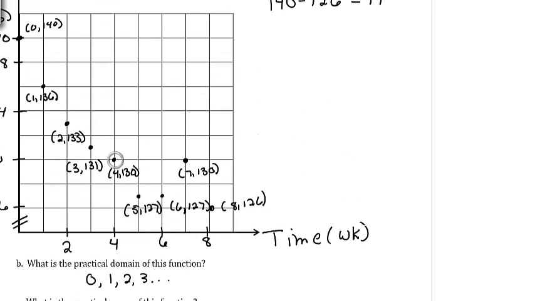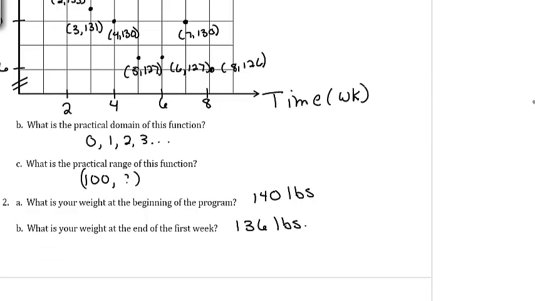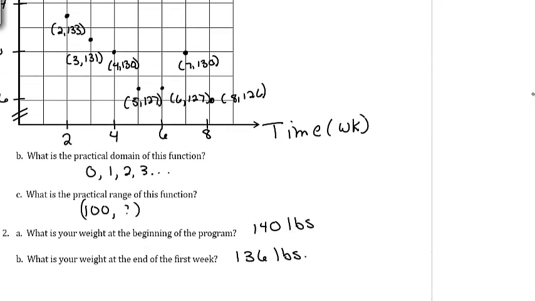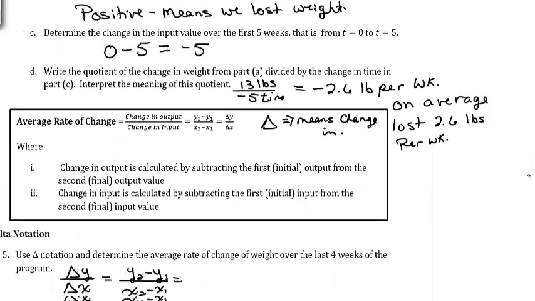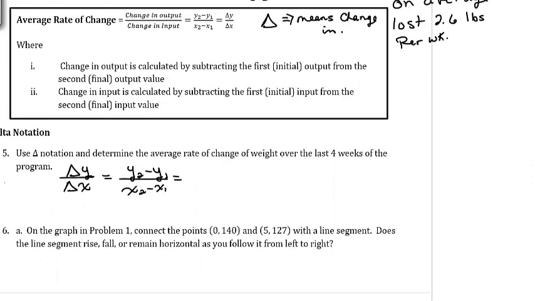And so that will be from t equals 4 to t equals 8. So that was 4, 130 and 8, 126. I just want to have those written down so I don't have to scroll back up and check.